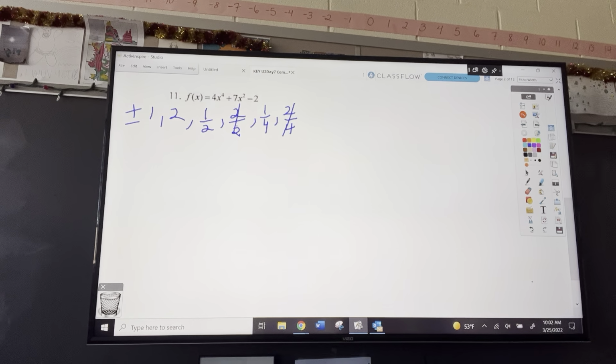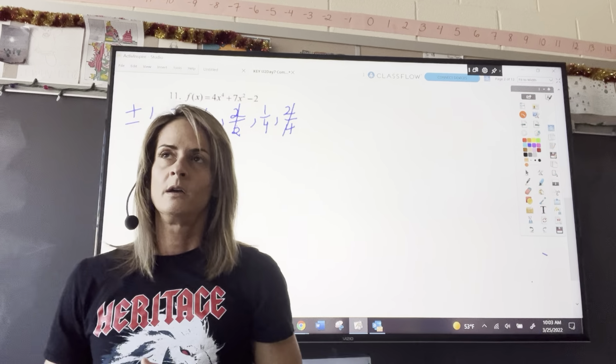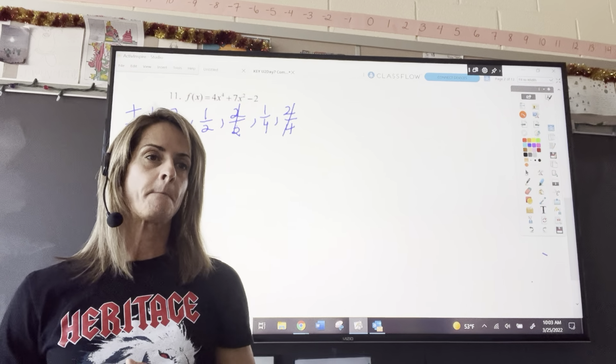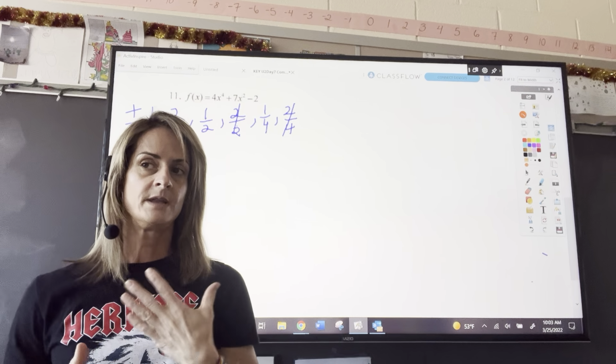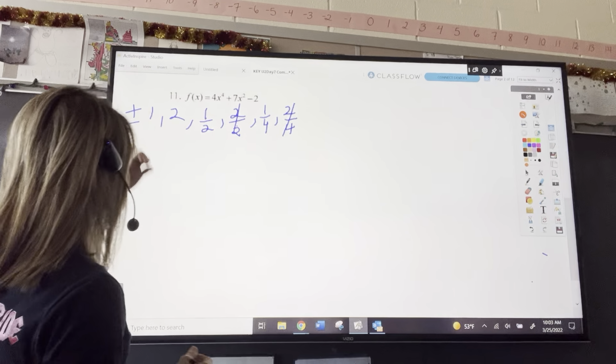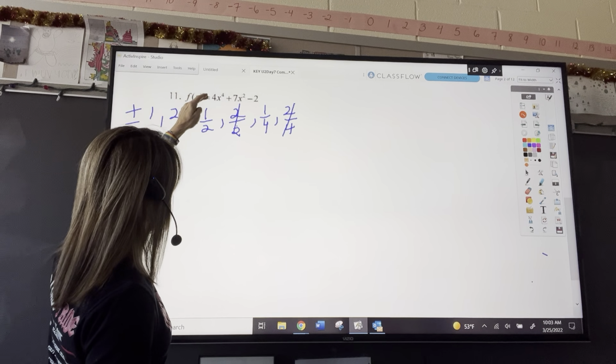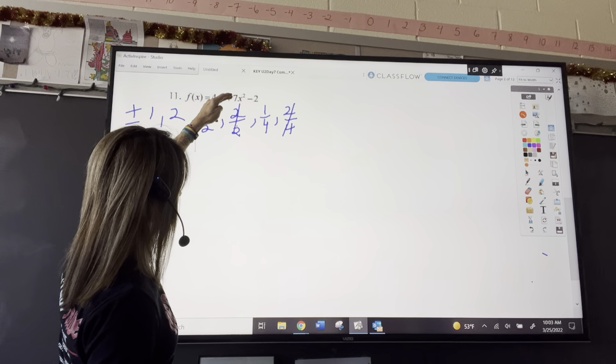Okay, so now before we start dividing and guessing, let's look to see how many possible negative and positive zeros we could have. So if I take a look at f of x, let's see how many sign changes there are. This is positive, that's no sign change.